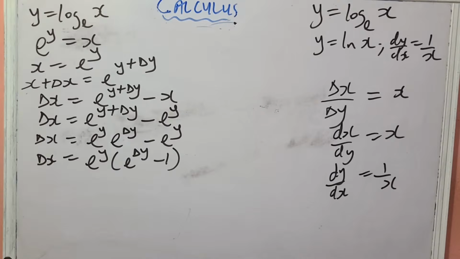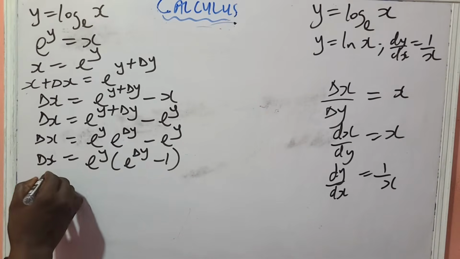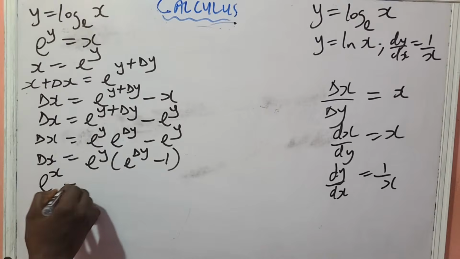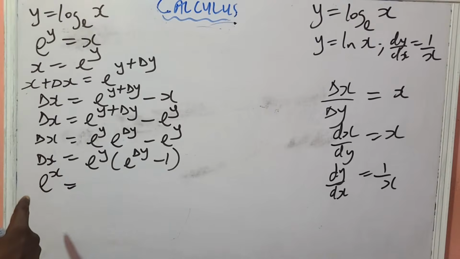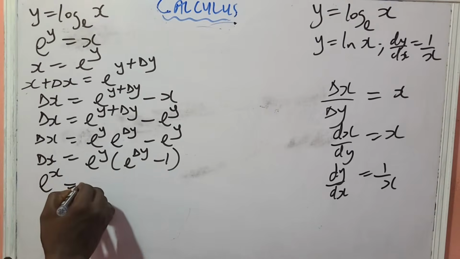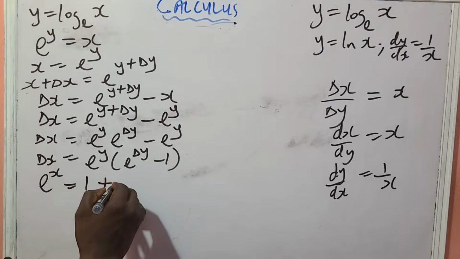Now, this is the place where you will need to use your Taylor's series. All right. I want you to know that by default, this is the expansion for Taylor's series. Wherever you have e raised to power x, by Taylor's series, we have it as this.